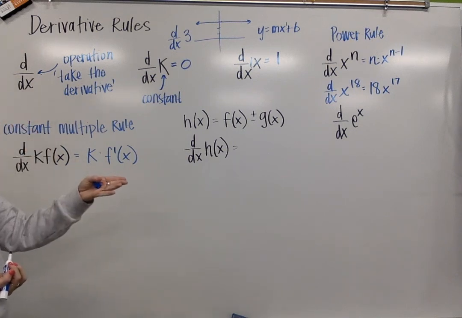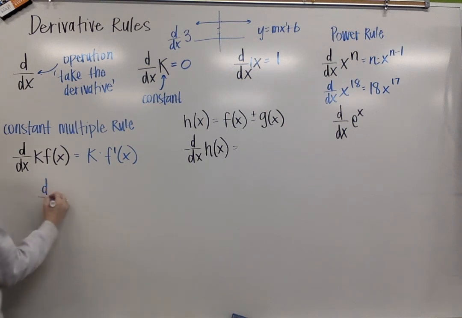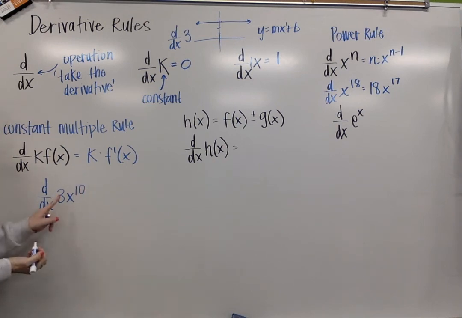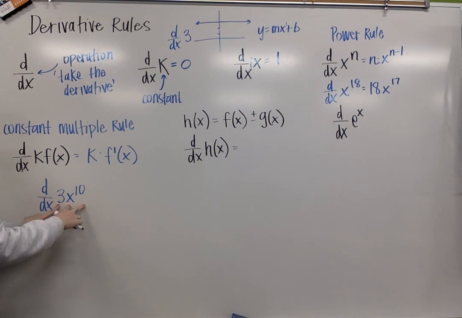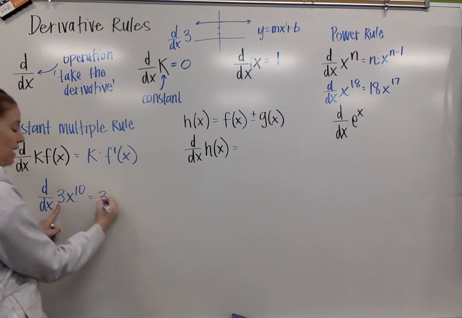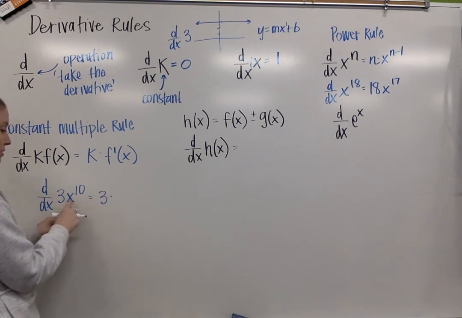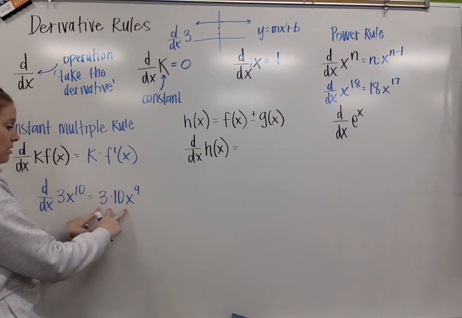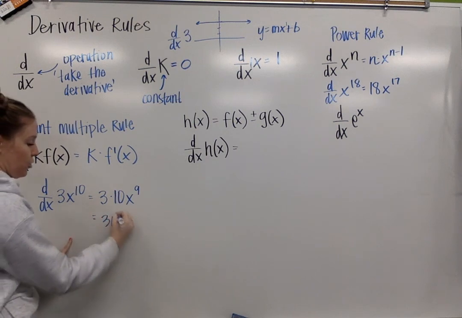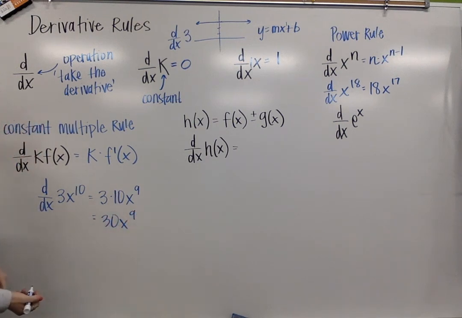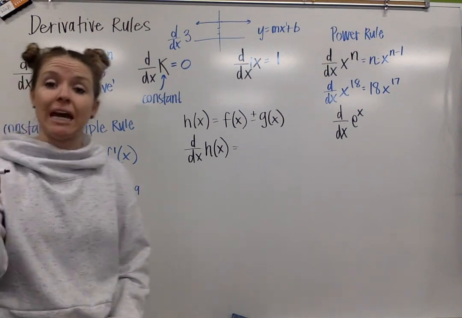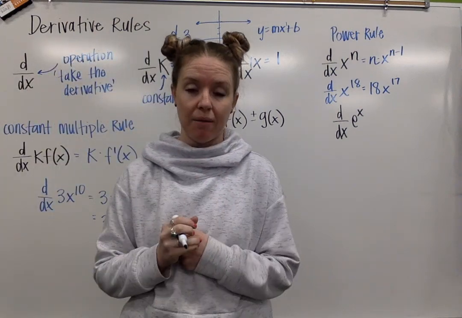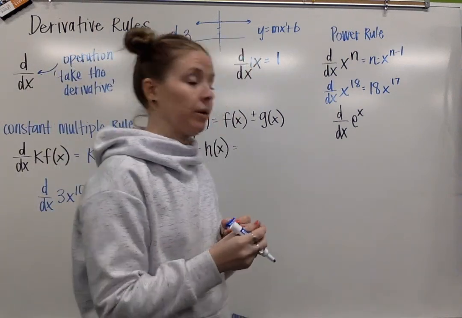So, for example, if I were to use the power rule, but I have 3 times x to the 10th. 3 is the constant multiple, x to the 10th is my function. So I'm just going to carry the 3, and then I'm going to take the derivative of x to the 10th, which is 10x to the 9th, which then ends up giving me 30x to the 9th. So all I'm doing is just carrying that constant with me, multiplying it by my derivative. Pretty straightforward on that one.